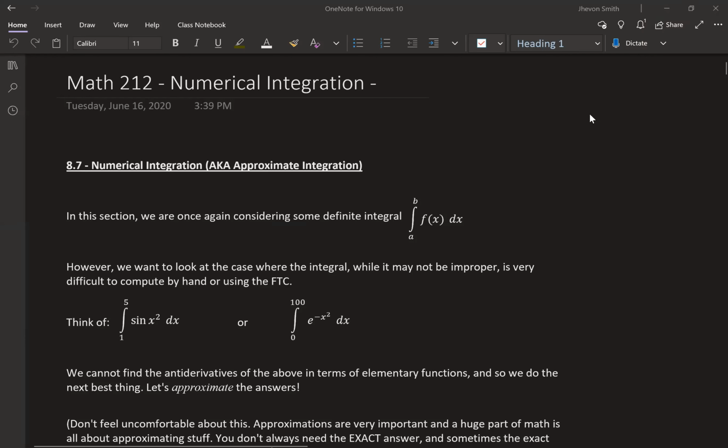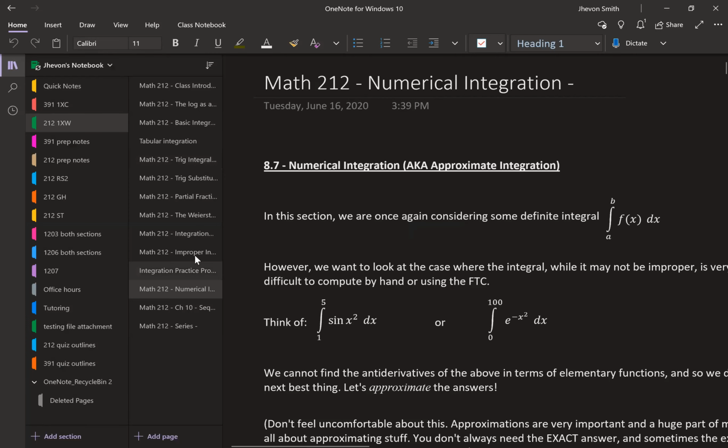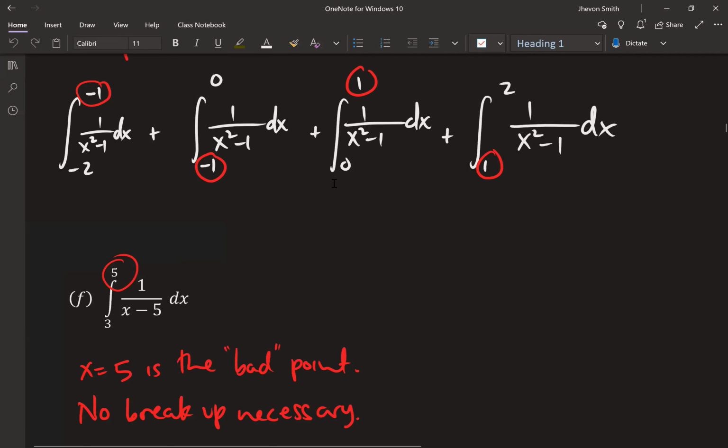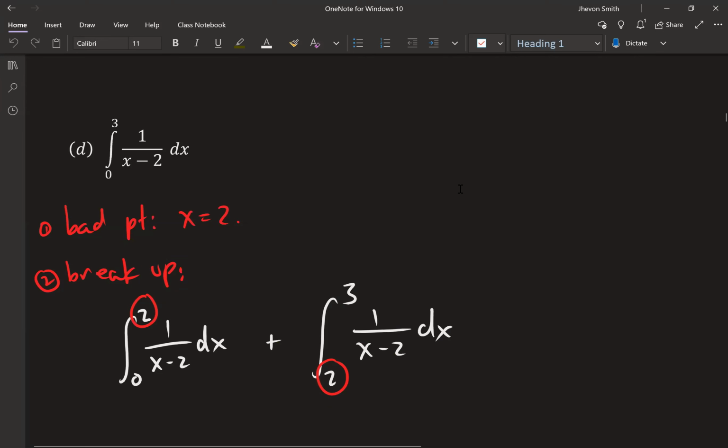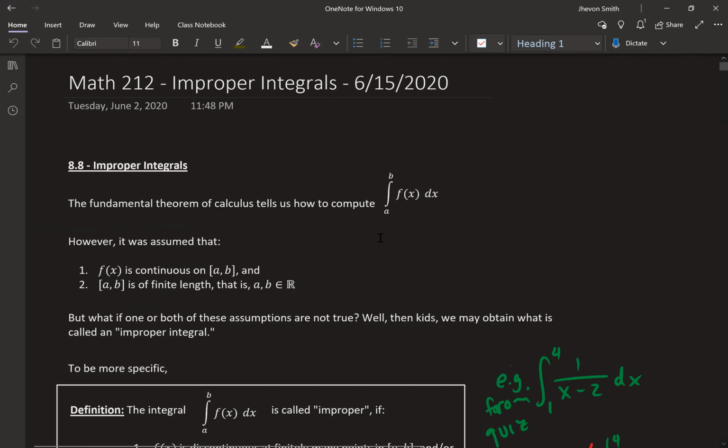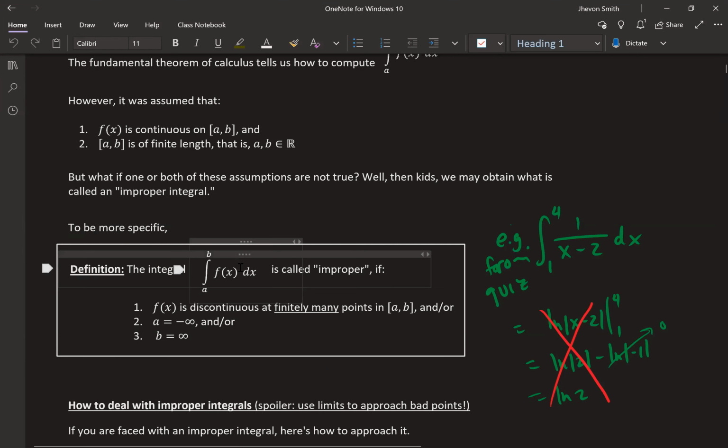So last time we spoke about improper integrals and the convergence, the comparison theorems, sorry. Improper integrals are integrals that did not fit in with the whole fundamental theorem of calculus idea. Our function was either undefined at finitely many points on the interval AB, or the interval was infinite in some sense, like the upper limit was infinity and or the lower limit was minus infinity.